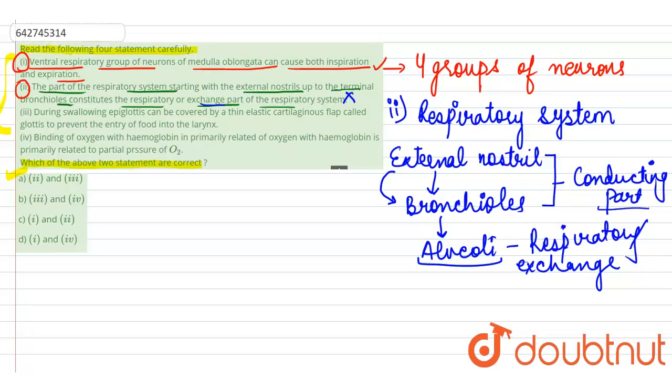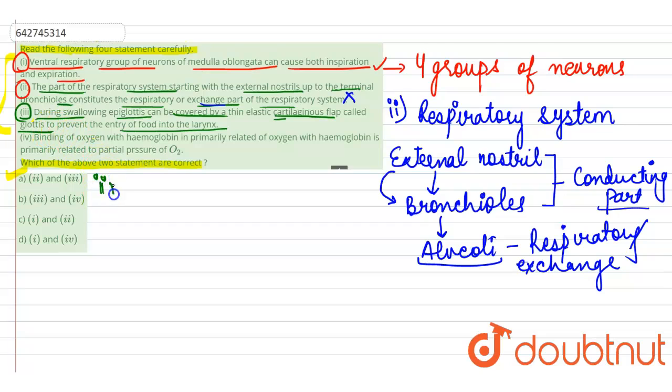Now if we come to the third statement, it says that during swallowing, the glottis can be covered by a thin elastic cartilaginous flap called epiglottis to prevent the entry of food into the larynx. What happens is, the cartilaginous flap is the epiglottis, not the glottis.